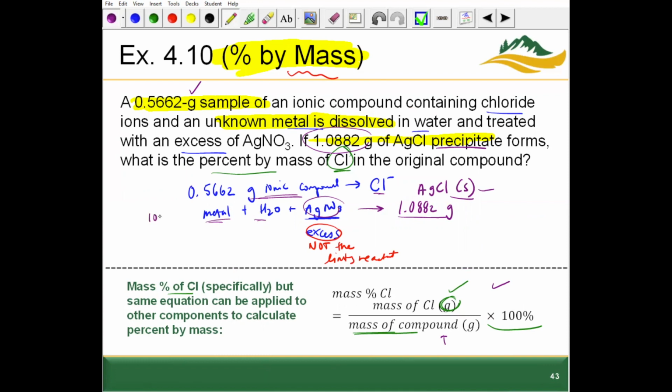So really here's our ionic compound that's in the solution as well, our unknown ionic compound. Then this forms this mass of AgCl, and we're not really concerned with the silver nitrate because that's in excess. So all of the Cl minus from this original compound goes into forming this many grams of this solid.